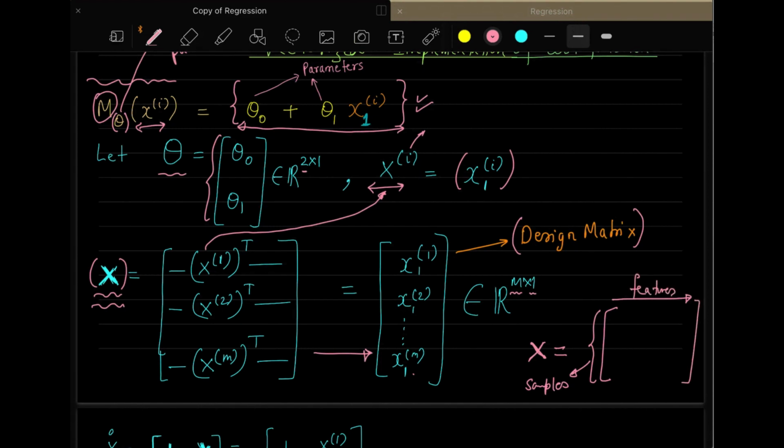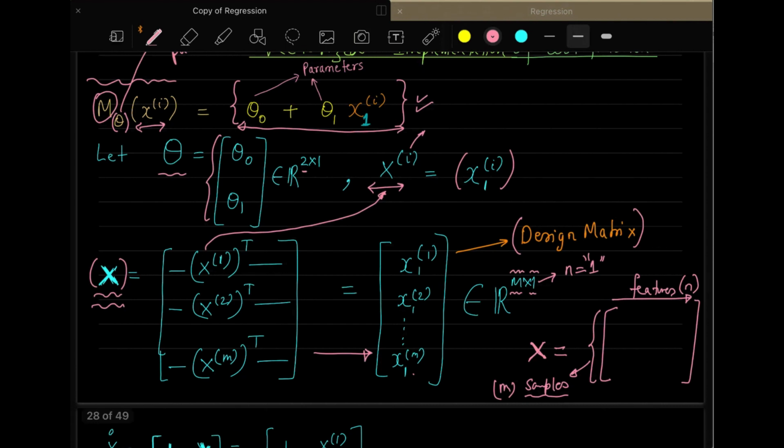That is important. On the rows you will have samples, which are m, and on the column side you will have features, which are n, small n. Here you can see that the bold X has a dimension of m cross 1. This is m, this is 1. Right now it's 1 because we are considering only one feature.